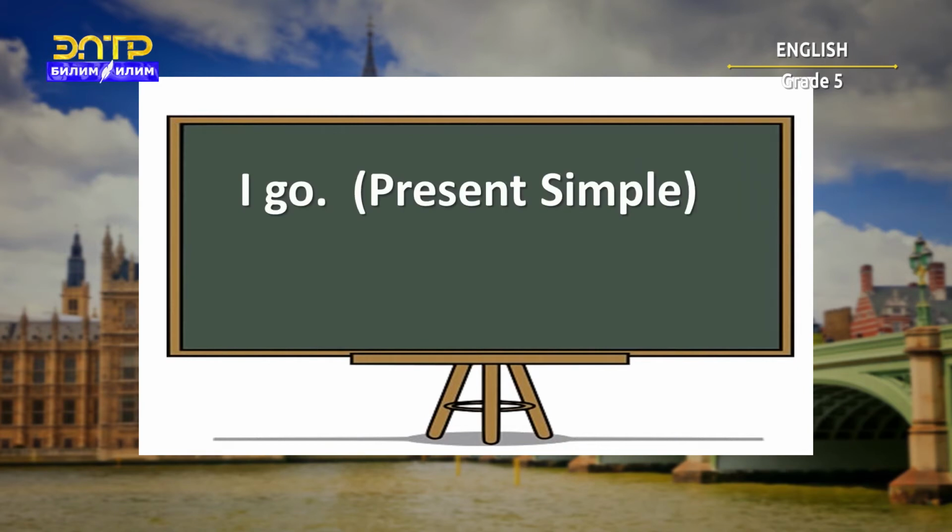I go. Our base verb is going to be the verb to go. This is our base verb. Now let's look at how to form the past simple tense of irregular verbs. In the past, in a positive sentence, what do we say?